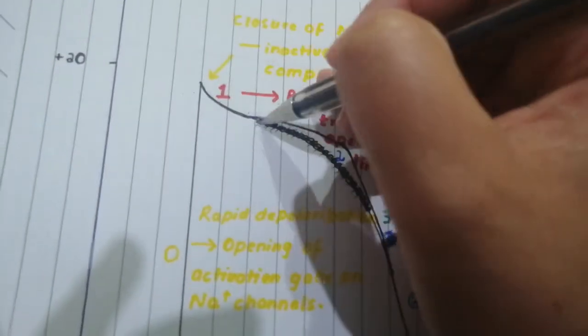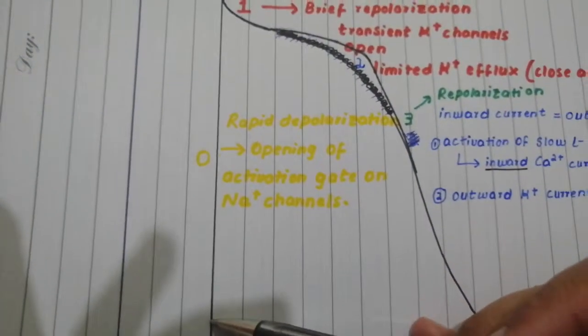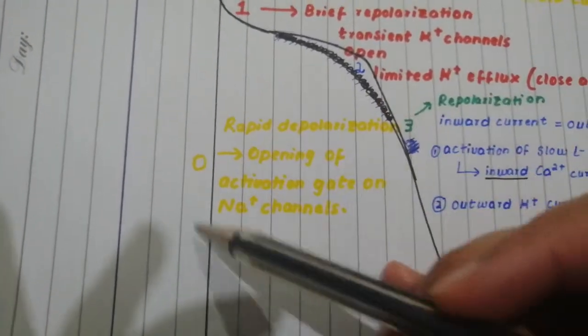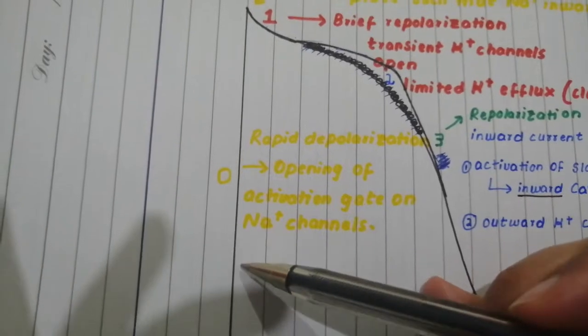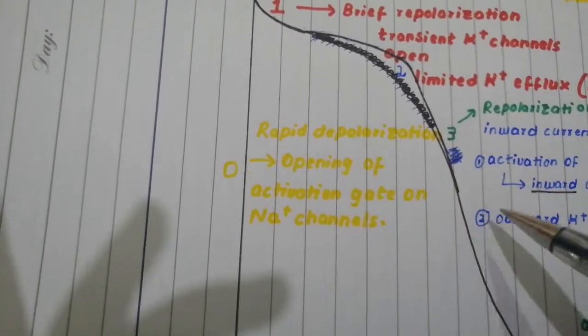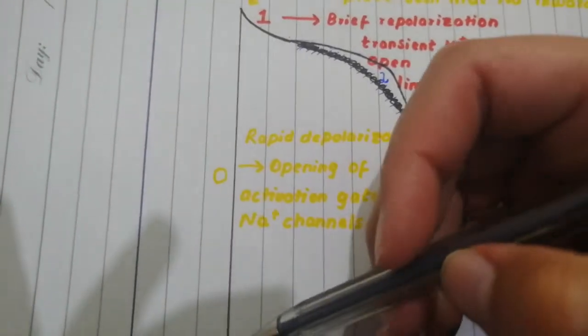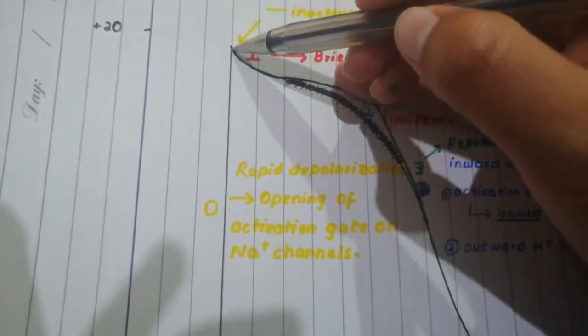When the membrane reached -70, there was a depolarization that initiated the opening of the activation gates. The closing of the inactivation gates of the voltage gated channels was similarly initiated, but this happened more slowly and only took place completely by the time of peak potential.